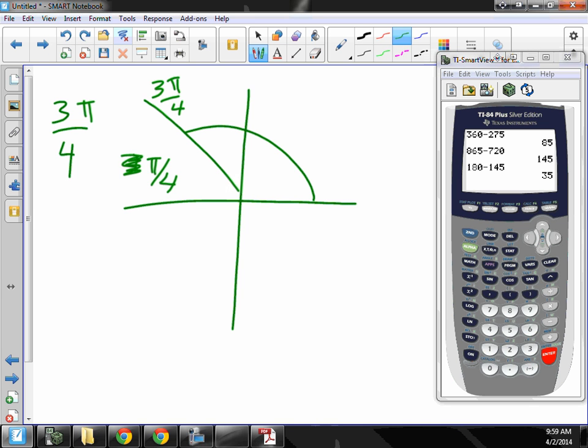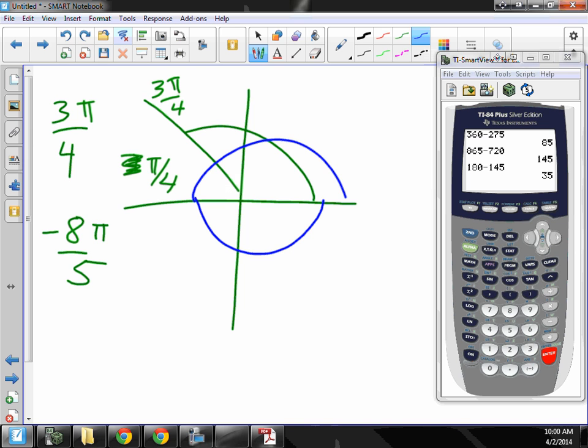All right? What about negative 8 pi over 5? Where is that going to land? Is it bigger than 1 pi? Yes. Is it bigger than 2 pi? No. So we're going backwards. How far to there? 5 over 5.